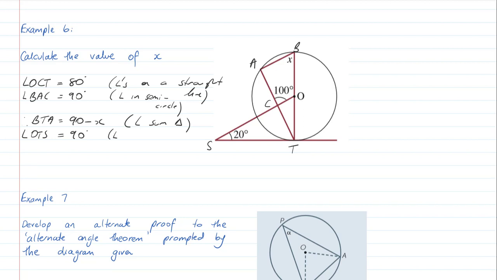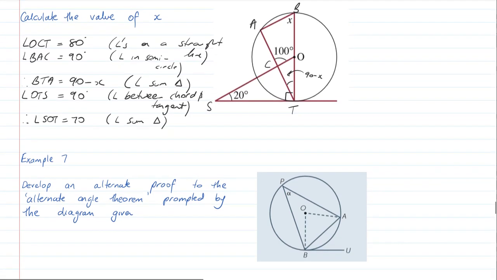This is angle between chord and tangent. So I've got this right angle here. I've got 90 minus x here. I could prove that x with alternate segment theorem, but I'm going to use this information to say that therefore angle SOT equals 70. This is angle sum in a triangle.